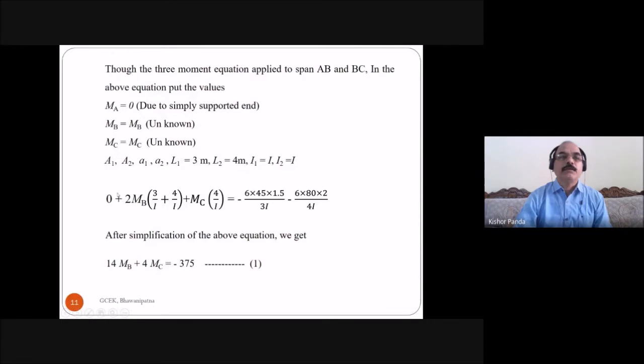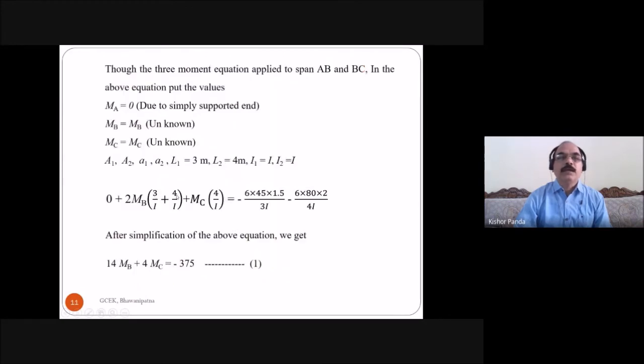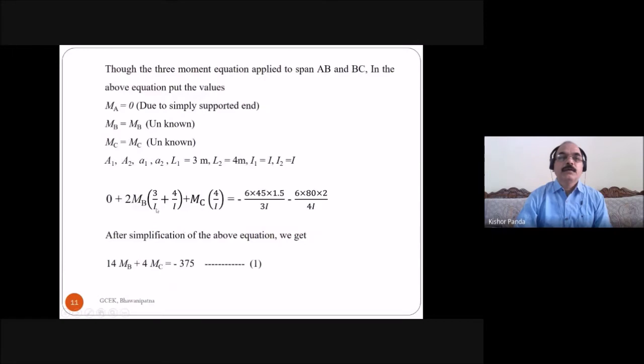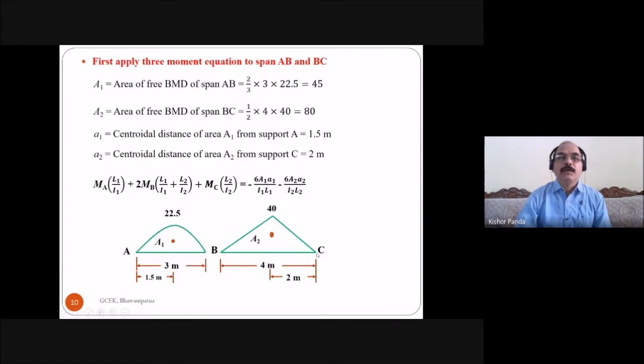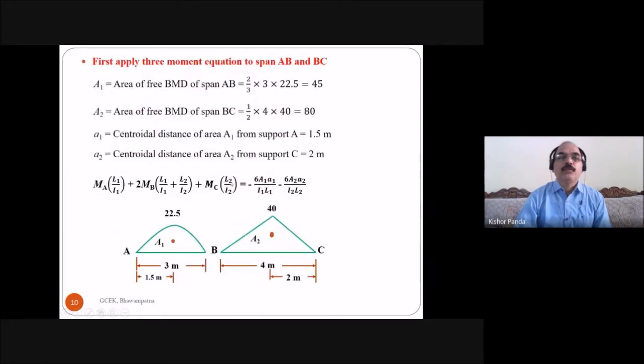This is MA is 0, 2 MB, and what is the length? L1 is 3 meter and L2 is 4 meter. Then the moment of inertia is given for span AB and BC as I. This is I and I, plus the moment MC, L2 by I2.